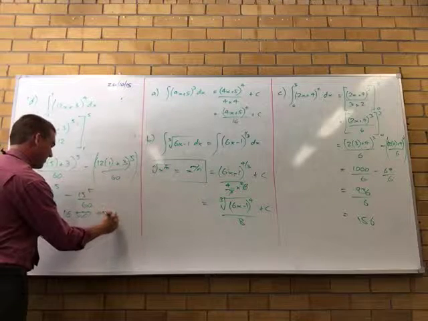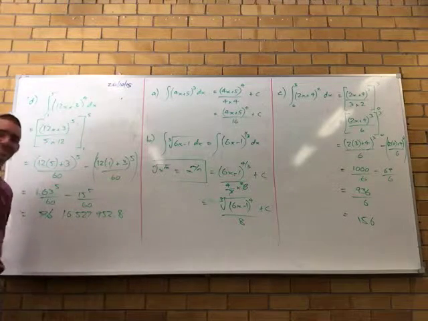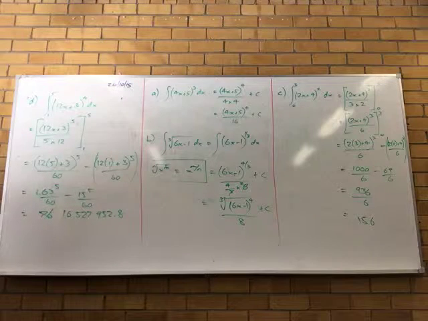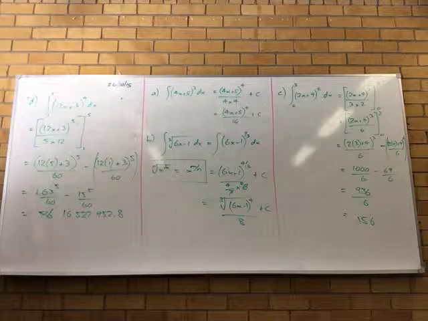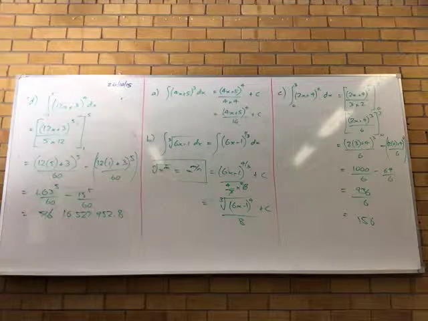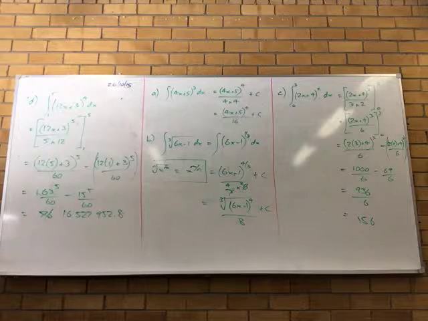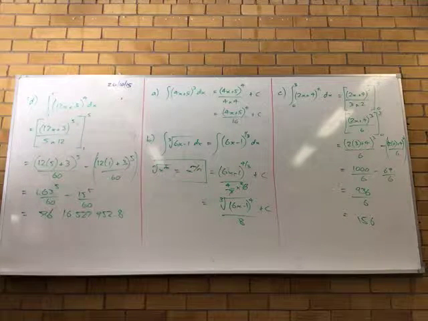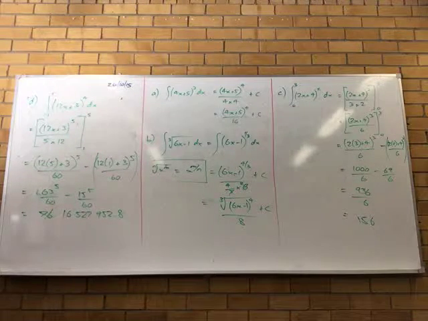Are you sure? Yeah, that's what I got too. Do you want to check that? I've got the same thing as you. 63 to the power of 5, take away a really small number. That's why I think it's a big number, and why I looked at 76 and was like, what?